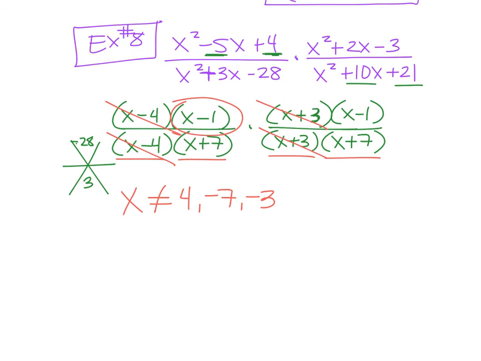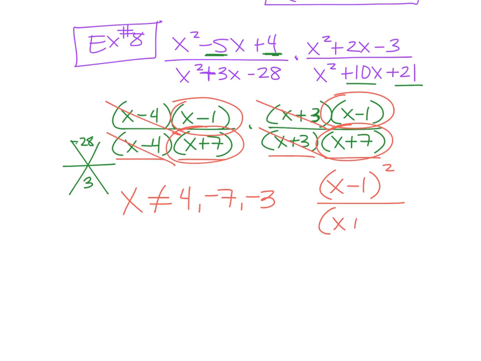Notice what you're left with. It's x minus 1 times x minus 1, which you can write as x minus 1 squared. And then what about on bottom? X plus 7 squared. In the numerator, it's okay if you have a 0.